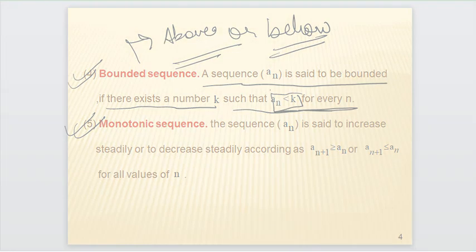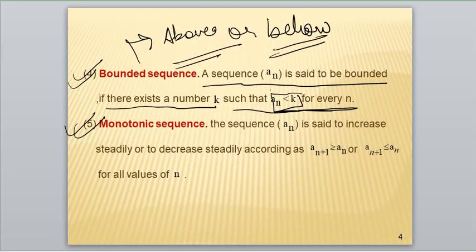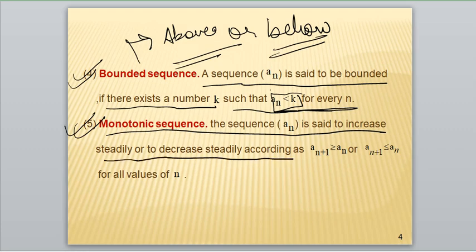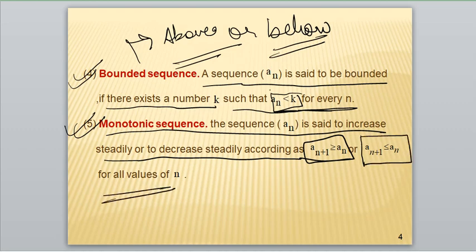So the sequence a_n is said to increase steadily or decrease steadily according as a_(n+1) is greater than or equal to a_n, or a_(n+1) is less than or equal to a_n, for all values of n. Okay, so very simple concept, nothing so difficult.